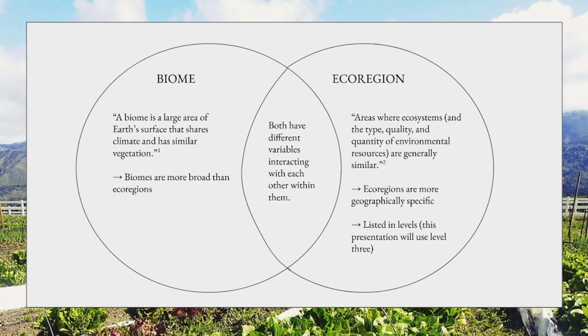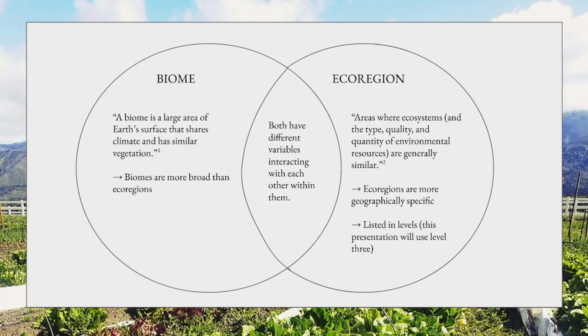But a biome, as defined in our textbook, is a large area of Earth's surface that shares climate and has similar vegetation. Biomes are more broad than ecoregions, while ecoregions are more geographically specific, and they are listed in levels, as I'll show you on one of the next slides.